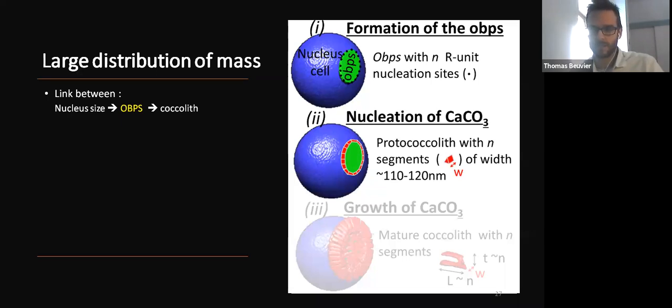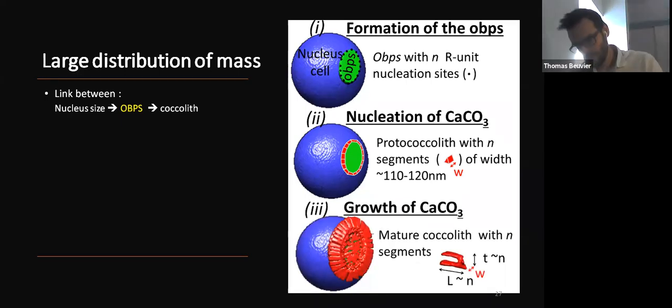The distance between two sites is around 150 nanometers, so it's due to the nucleation of calcite, one site every 150 nanometers. Then these small crystals grow before being expelled outside the cell.